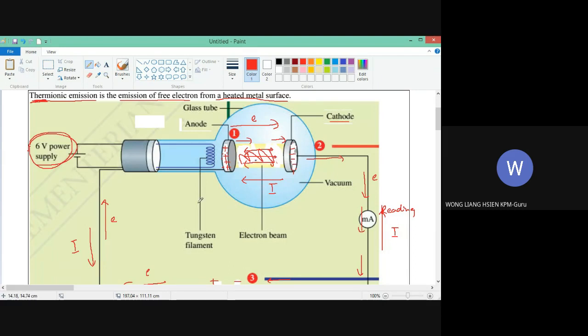Pay attention, this apparatus only allows current to flow in one direction. An apparatus or electronic component that allows current to flow in one direction only, we call a diode.